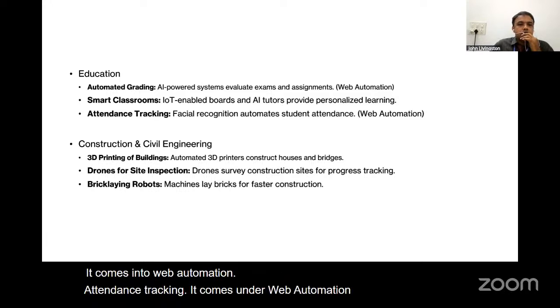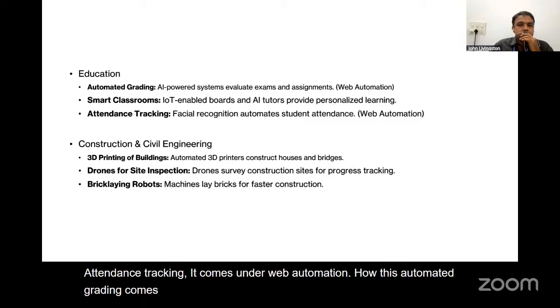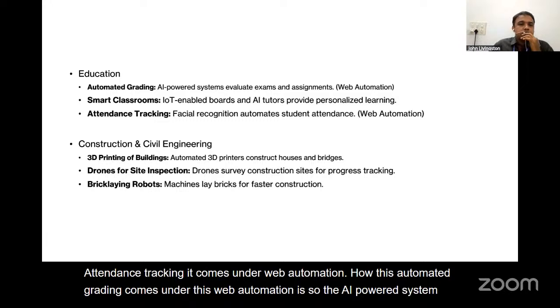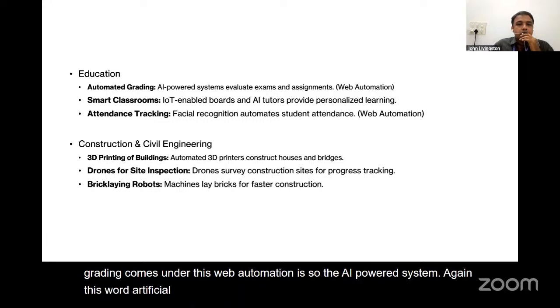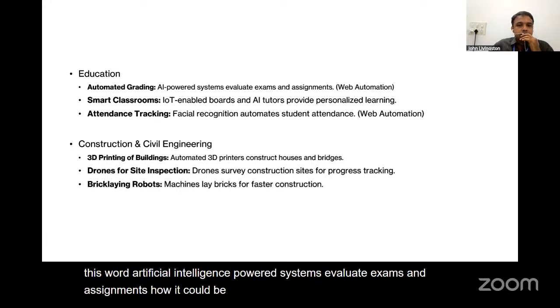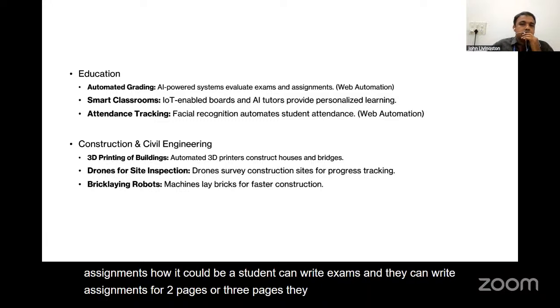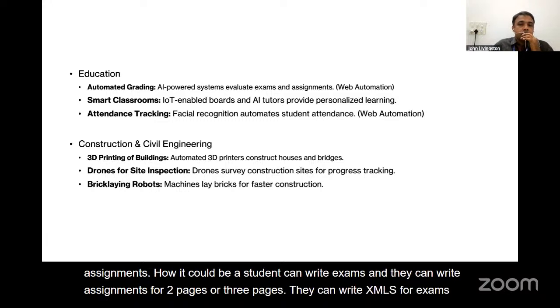How does automated grading come under web automation? The AI-powered system, again this word, artificial intelligence, evaluates exams and assignments. How could it be? A student can write exams and assignments for 2 pages or 3 pages, or they can write exams for 40 pages.